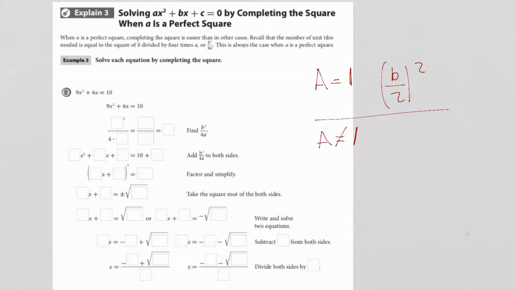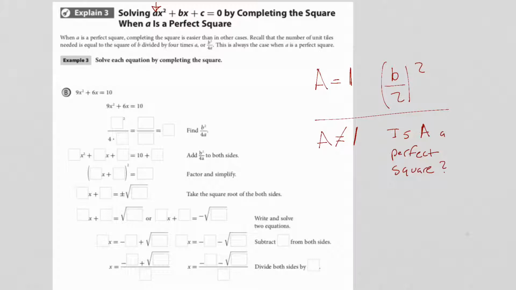So then we have to ask ourselves, is the value for a, and I'm just going to use capital A so we know that we're talking about the first part next to the x squared, is a perfect square?